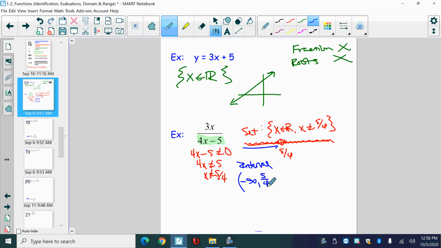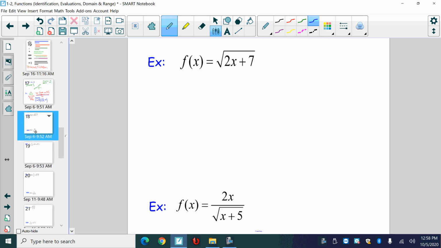And it's open there, which means it's a parenthesis, and then U for intersection or union. And then I pick right back up where I stopped, and then the shading goes all the way to the right, which means the largest number in the world, which means positive infinity, and then I close that off. That is interval notation. Let's do it again.